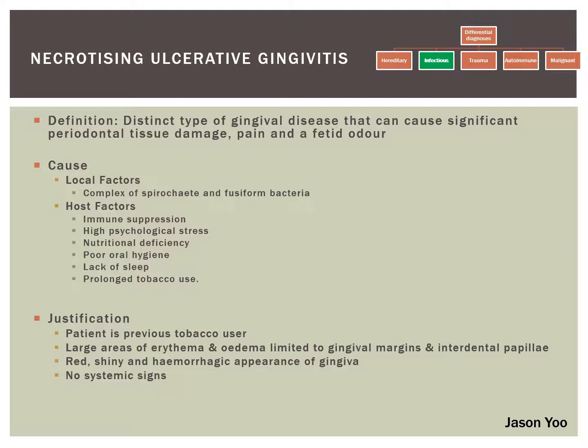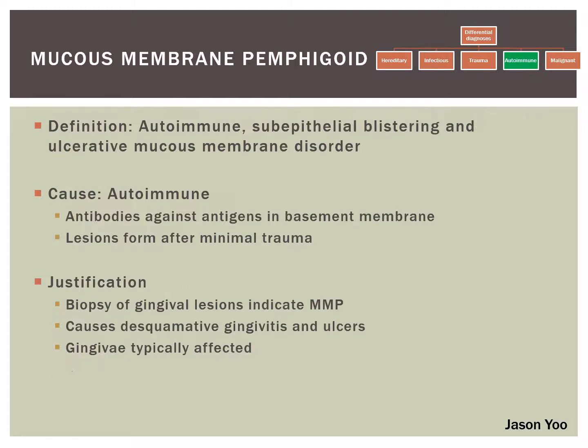Present with large areas of erythema and edema limited to the marginal gingivae and incidental papillae and without any systemic signs. There is no grey pseudomembranous slough typical of NUG, but lesions can be denuded of the surface pseudomembrane, which exposes a red, shiny, and hemorrhagic appearing gingiva as seen in our case.